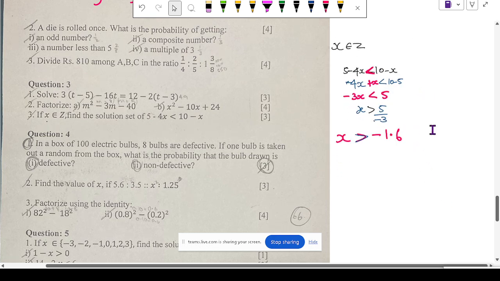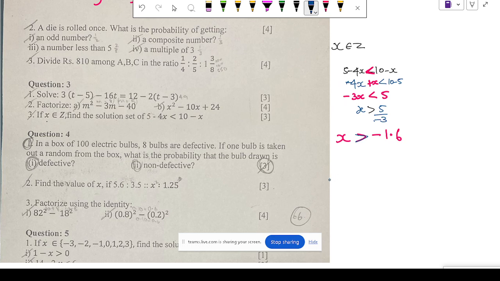Yes, sir. Okay. Now tell me all the integers. How do you name the integers? What are integers? Minus 1, minus 2, 0, minus 1, 2. Like that, sir. Left hand side minus, right hand side plus. Now where does minus 1.6 lie?